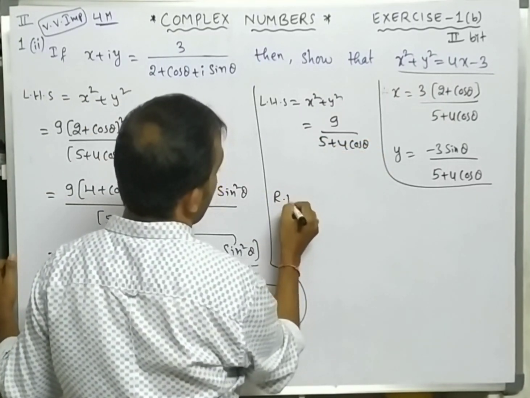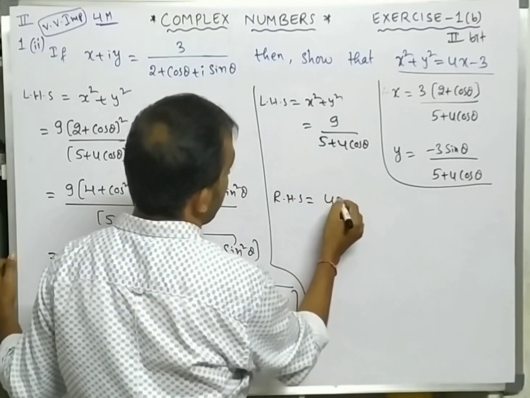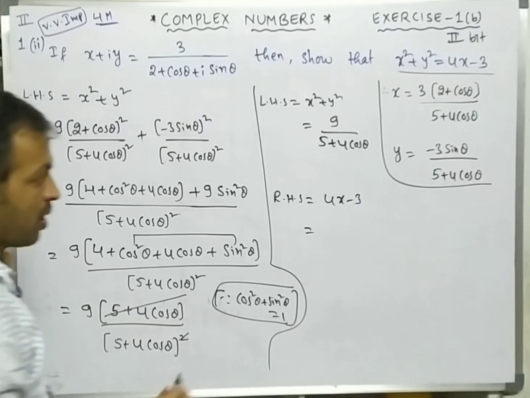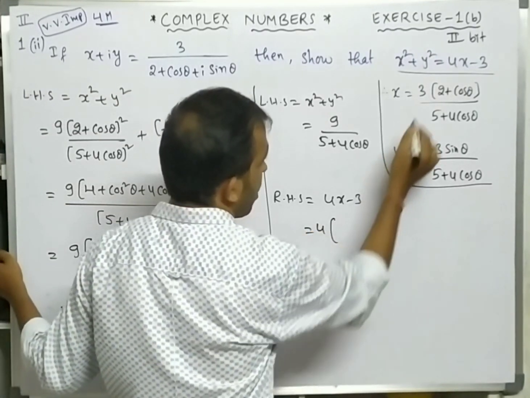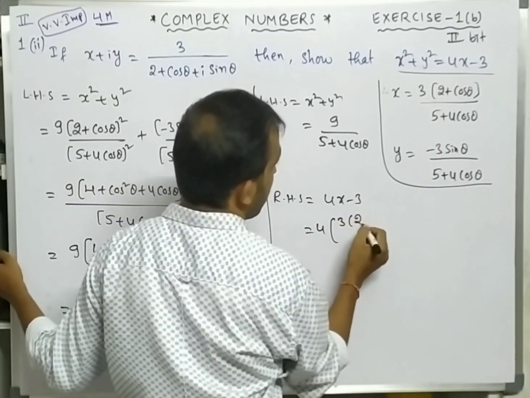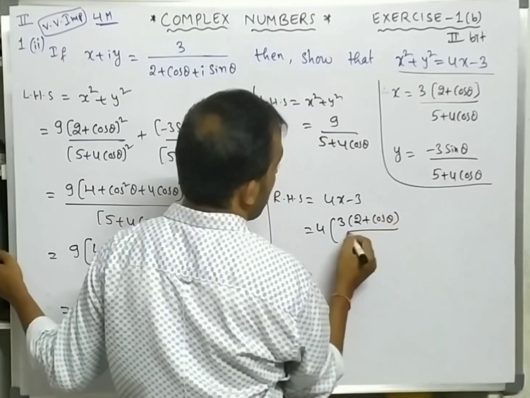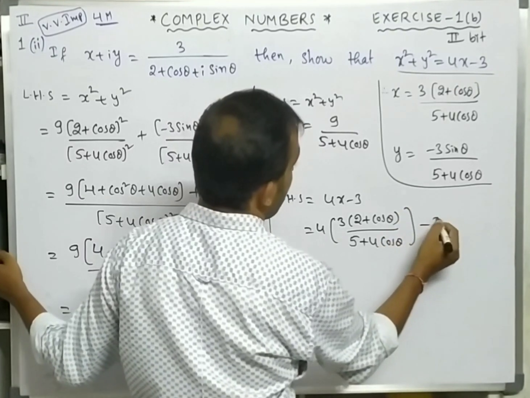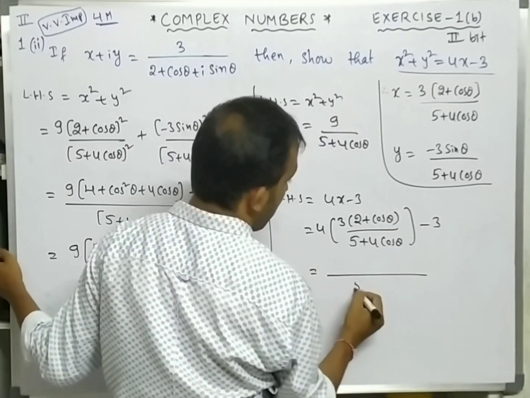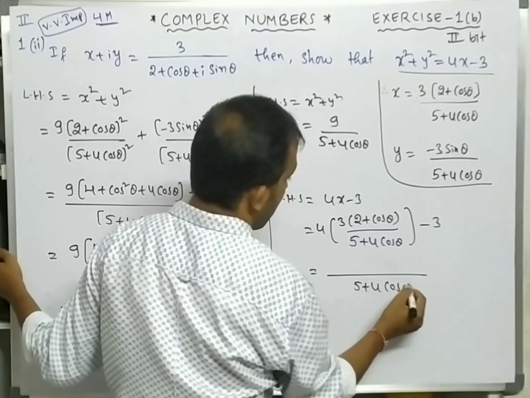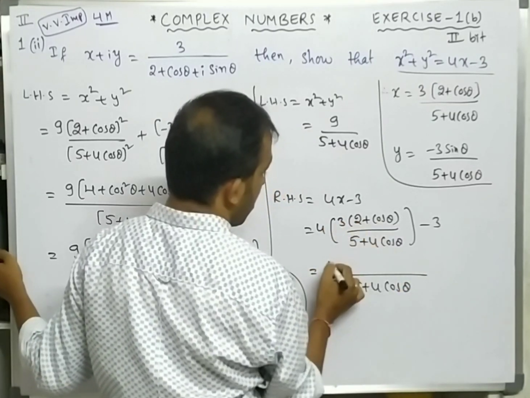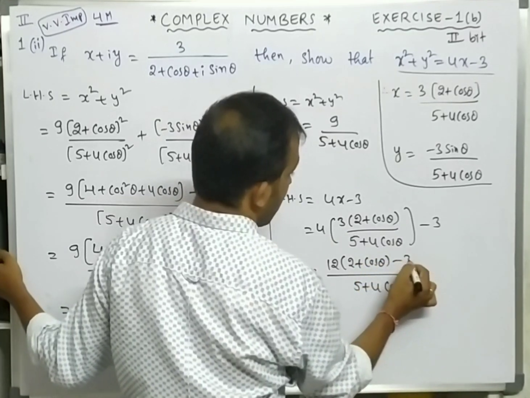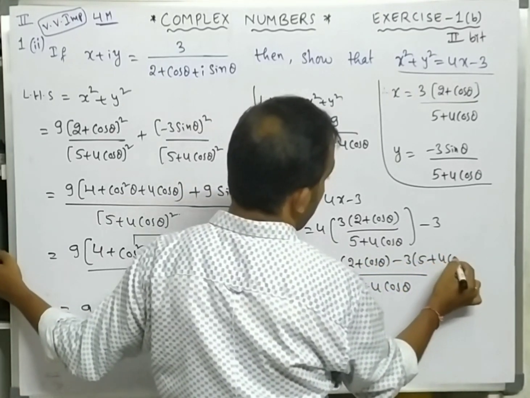Now take the right hand side part. What is the right hand side? 4x minus 3. So now 4 into what is the value of x? 3 into (2 + cos theta) by (5 + 4 cos theta), minus 3. So here 5 plus 4 cos theta is the LCM. 4 threes are 12 into (2 + cos theta) minus 3 into (5 + 4 cos theta).